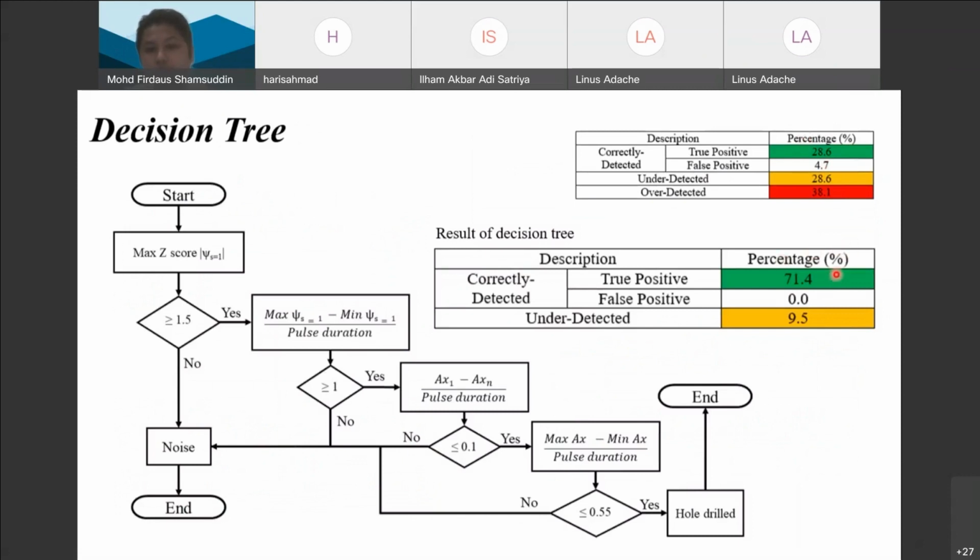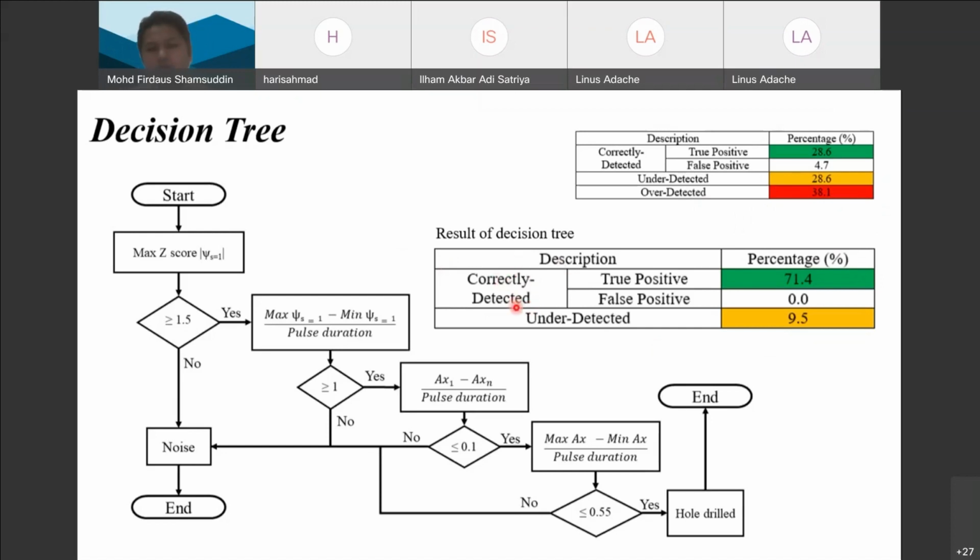Even though 70% maybe is not that high, we managed to eliminate over detection totally. So all the detections done are all signals that we can say can be associated with the drilling action. There is no noise inside the correctly counted signals.